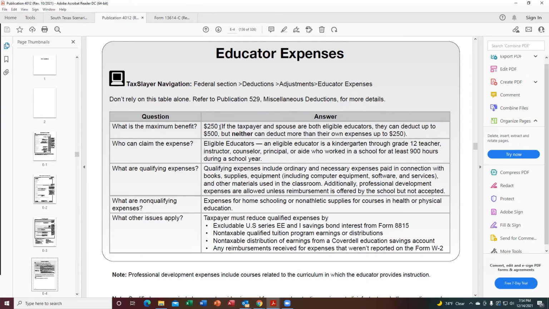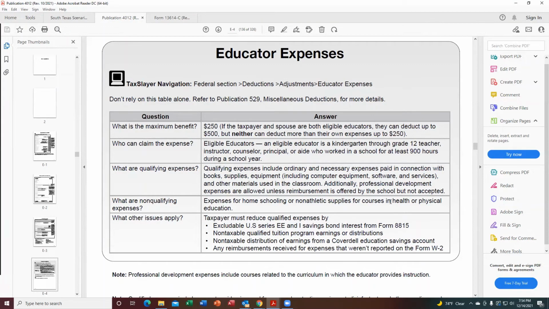Again, this is for out-of-pocket expenses, meaning they shouldn't have been reimbursed or paid for any of those expenses, that they were all out of pocket, and that they are legitimate expenses. This does not include, for example, a health class or any other things.